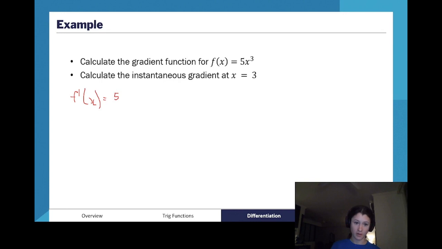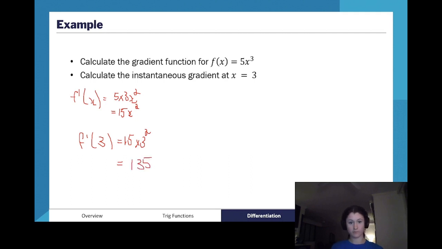We're going to have 5 times 3x squared, which gives us 15x squared. Then we need to calculate the instantaneous gradient at x equals 3, so we have f dash 3. We sub in 3 for x, so we have 15 times 3 squared, which gives us 135. Alright.